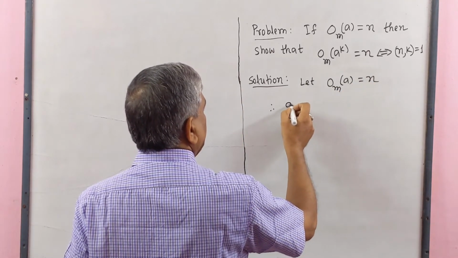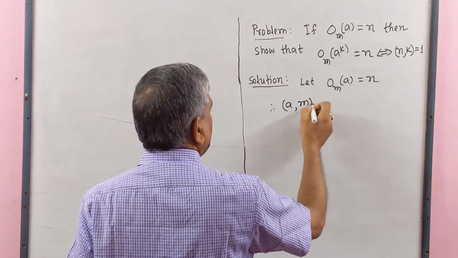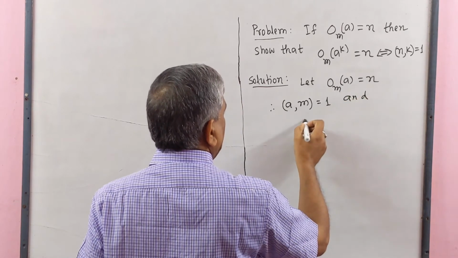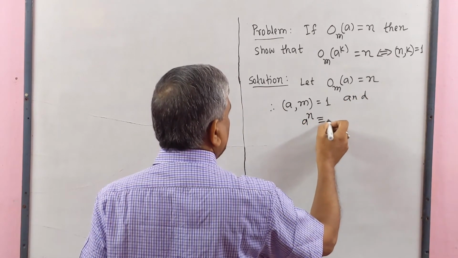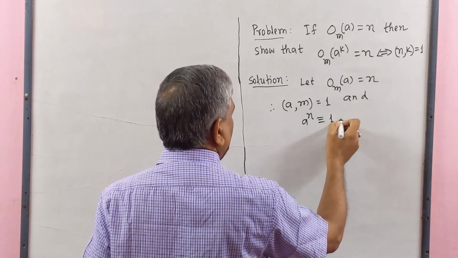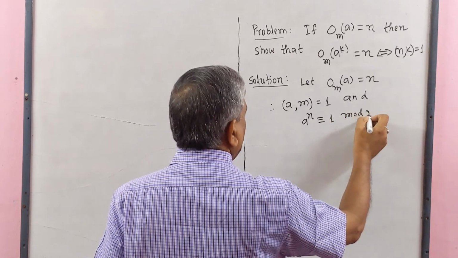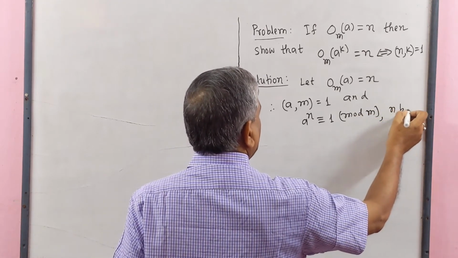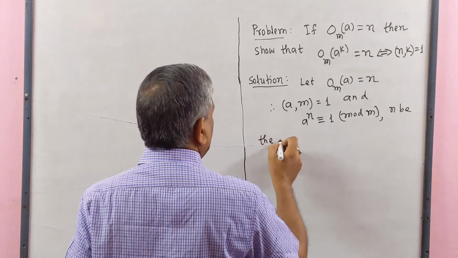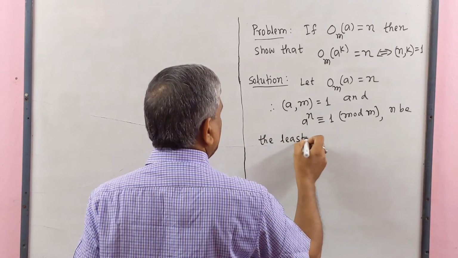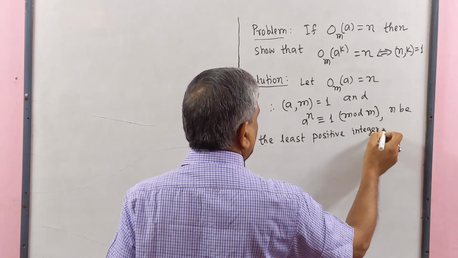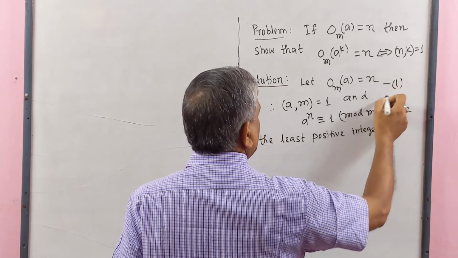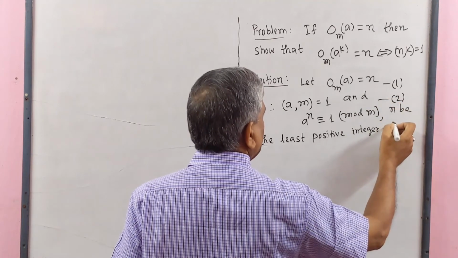Therefore, GCD of a and m equal to 1, and a to the power n is congruent to 1 modulo m. n be the least positive integer. Let this be number 1, this is number 2, and this is number 3.